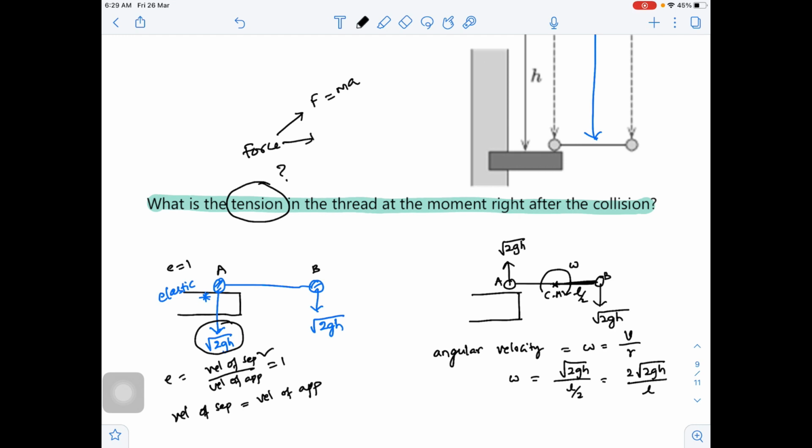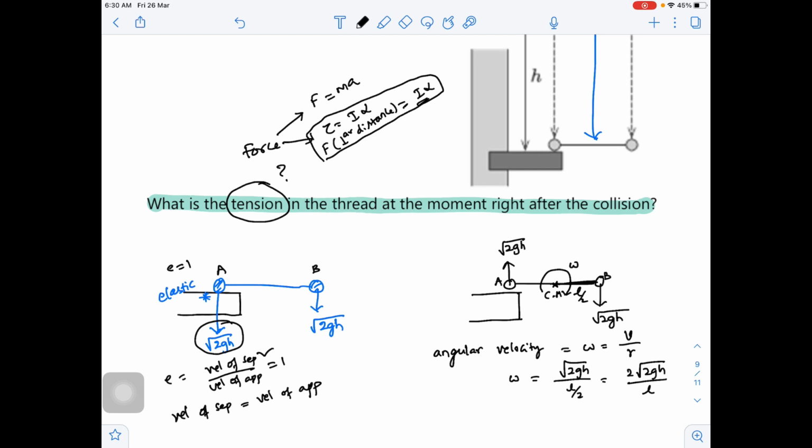As it is rotational motion, we have one more logic, that is torque is equal to I alpha, where torque is equal to force into perpendicular distance. I just want to solve the question in a fundamental way, that's why I am discussing all these things. Force into perpendicular distance is equal to I alpha. But they're asking for the tension value, and tension does not create any torque, so this equation is not useful here.